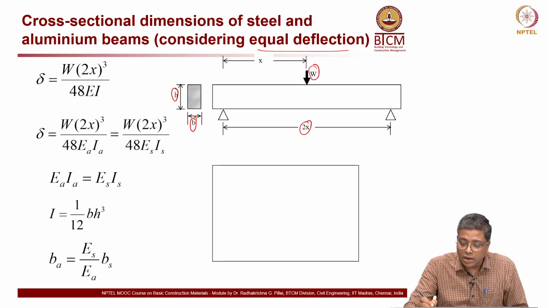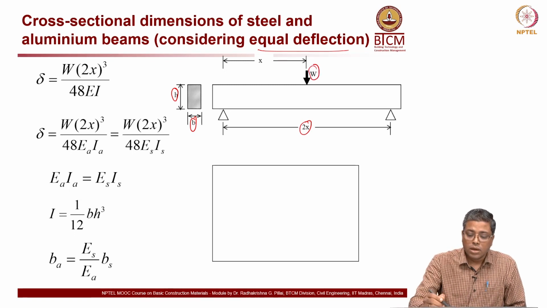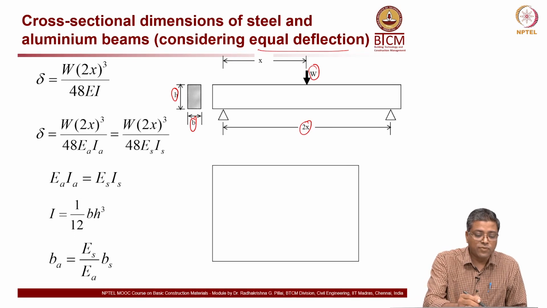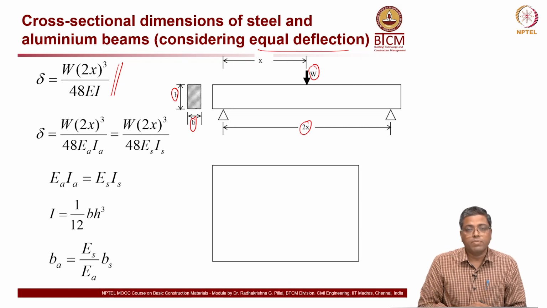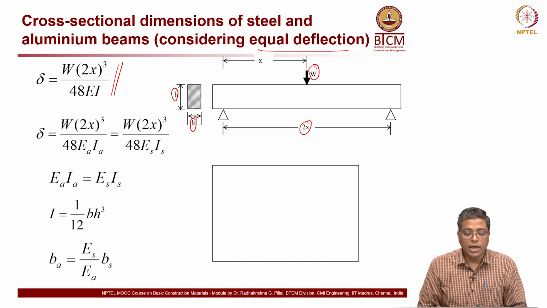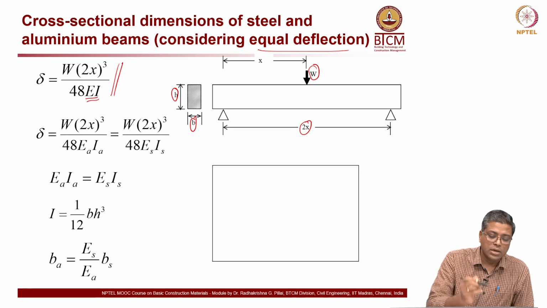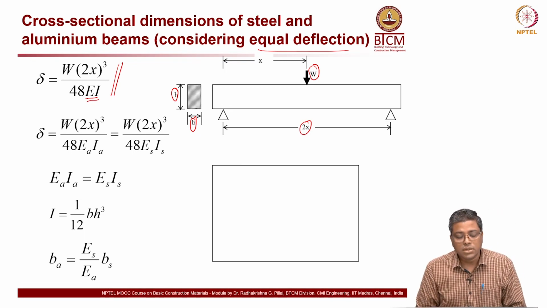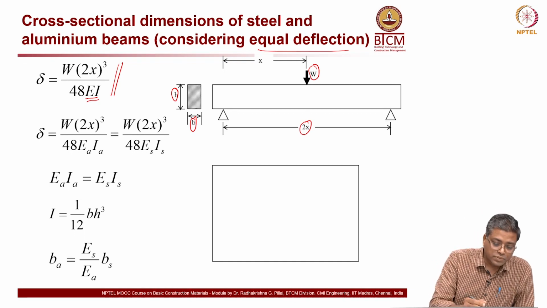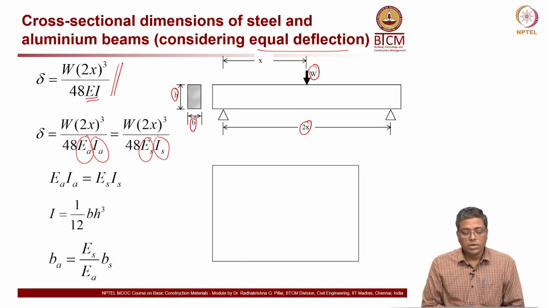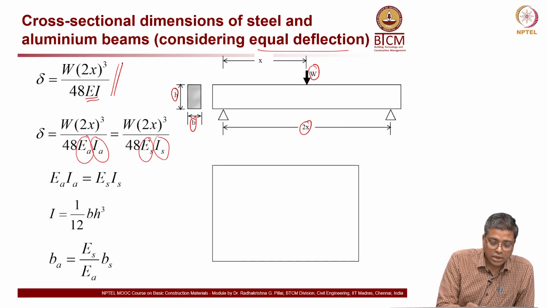Now, if you apply a load W at the center, then I can calculate the deflection at the center using the formula W multiplied by length to the power 3 divided by 48 EI. What is EI? E is the modulus of elasticity and I is the moment of inertia. If I say for aluminum I am going to call them EA and IA, and for steel ES and IS.